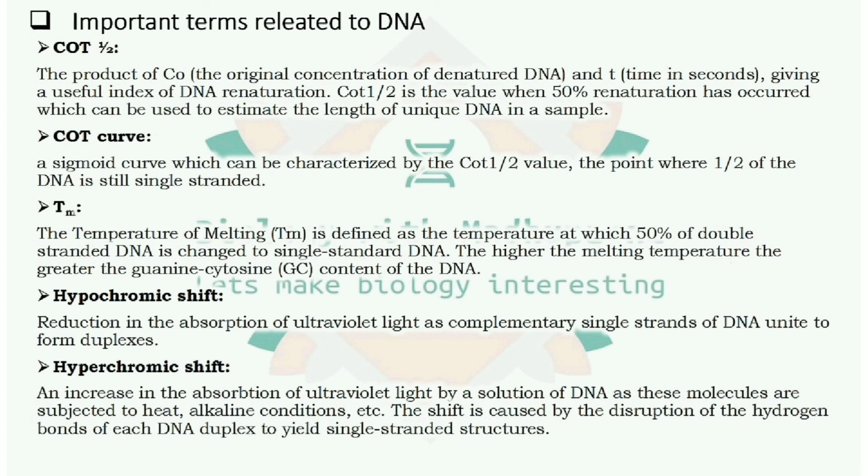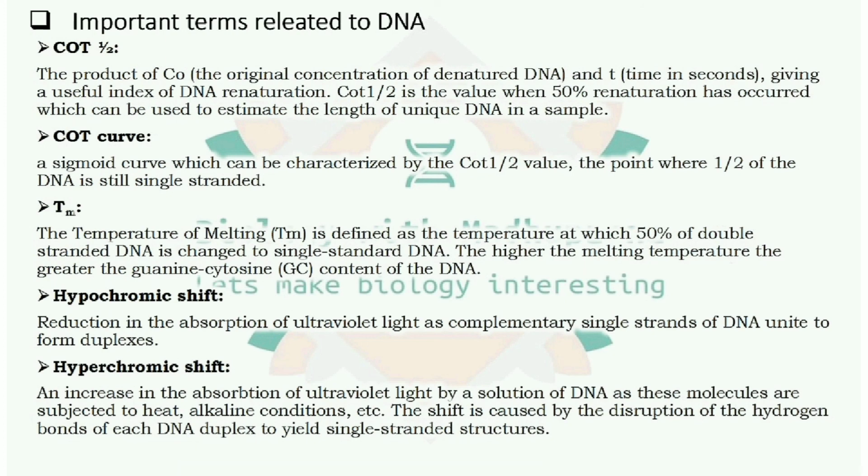So next we will be coming to what is hypochromic shift and what is hyperchromic shift. Basically, hypochromic shift is the reduction in the absorption of ultraviolet light as complementary single strands of DNA unite to form duplexes. So when a DNA goes from single stranded to forming a duplex, then absorption of that particular DNA will decrease.